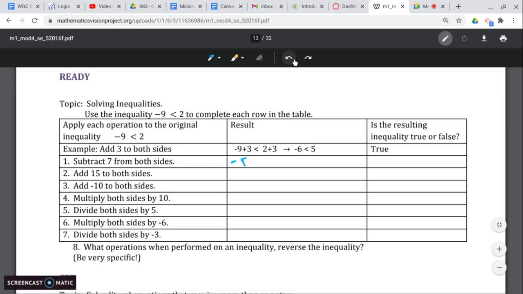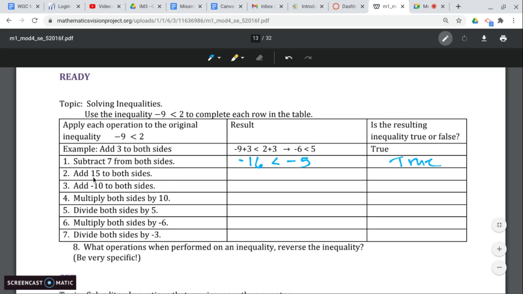I'm just going to write what the actual solution is instead. So -9 minus 7 is going to give us -16, is less than 2 minus 7, which gives us -5. Is -16 less than -5? Yes, this is true.